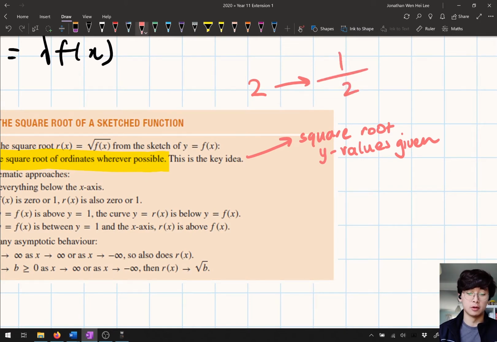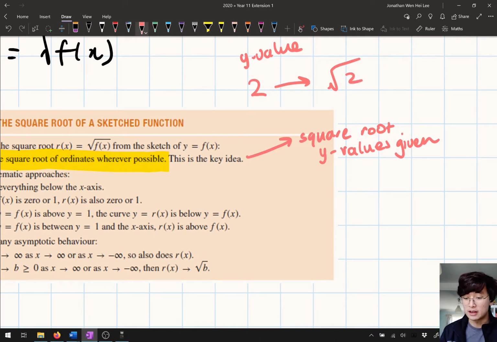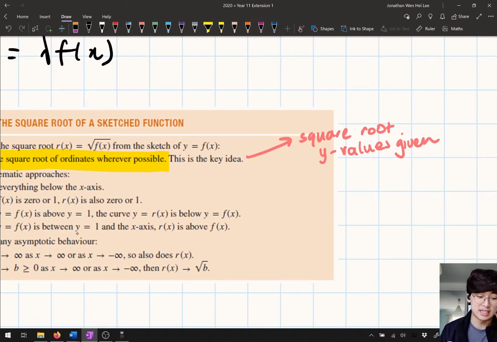Here, if we have a y value in our original function of 2, and we're trying to take the square root, then that becomes square root 2. So if there are y values that you see in your graph, we want to take the square root of that and put that in our final graph. So that's what this first dot point here tells us.